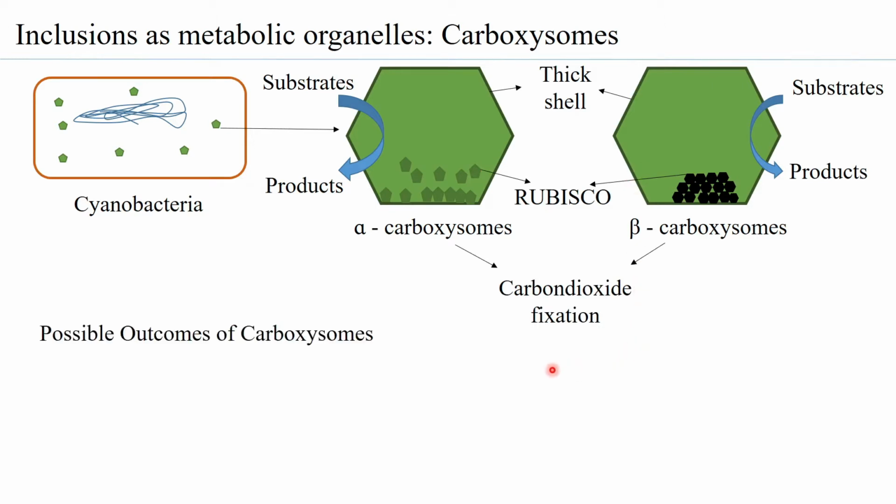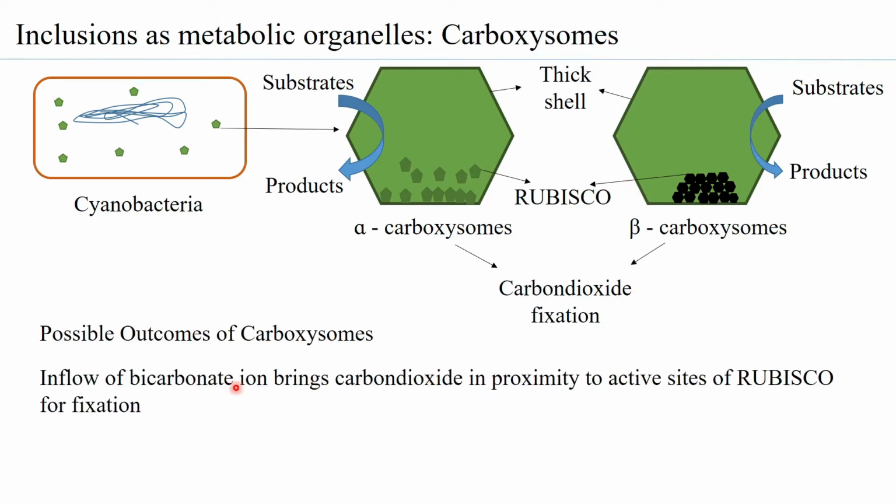Now, interestingly, what is observed is a continuous inflow of bicarbonate ions, and when they flow into the carboxysomes, because it's a closed structure, you have a gradual buildup of HCO3 minus, that is the bicarbonate ion.